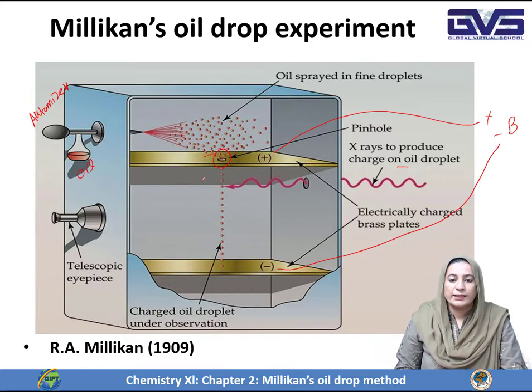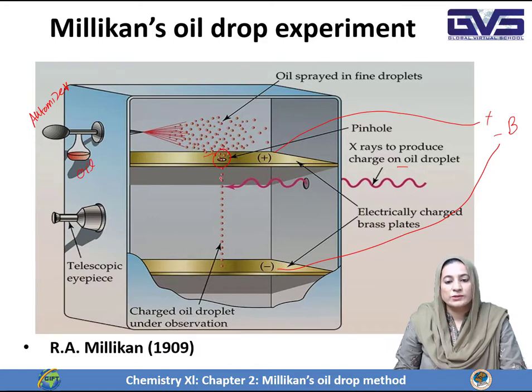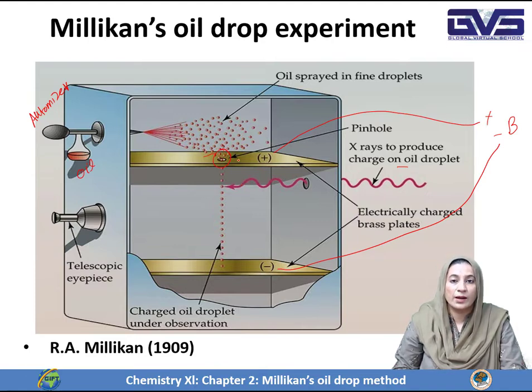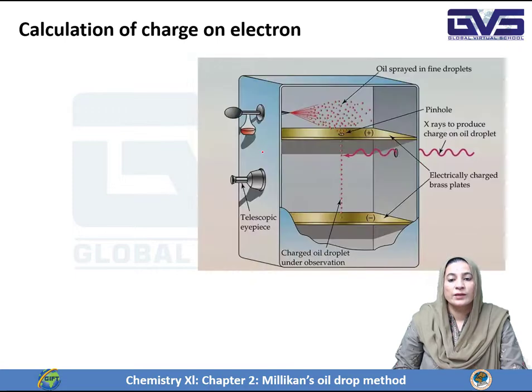So basically its parts are the anode and cathode, X-ray source, atomizer, oil, and a telescope to observe the movement of the charge. And now we will see how this experiment worked, how R.A. Millikan observed the charge and determined the charge on the electron.